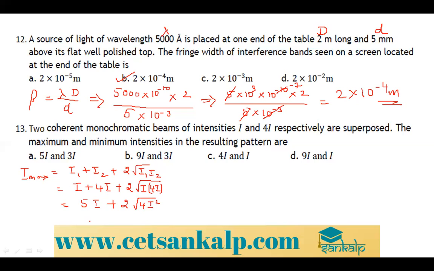So 2 into root of 4I square is 2I. So 5I plus 2 into 2I ಆಗುತ್ತೆ, 4I ಆಗುತ್ತೆ. So I max is equal to 9I ಆಗುತ್ತೆ. ಸೊ ಎರಡು ಆಪ್ಷನ್ ಇದೆ, ಸೊ ಇನ್ನೊಂದು ಮಾಡಲೇಬೇಕು.